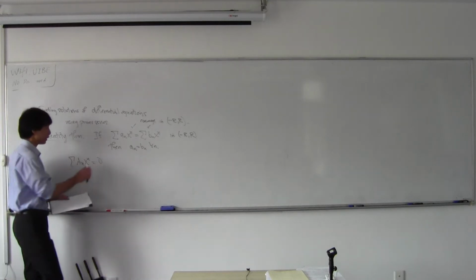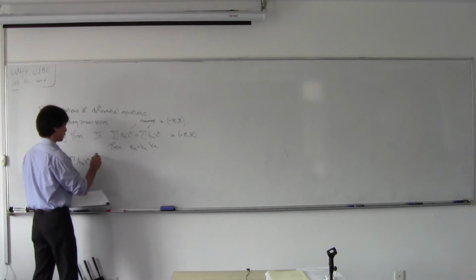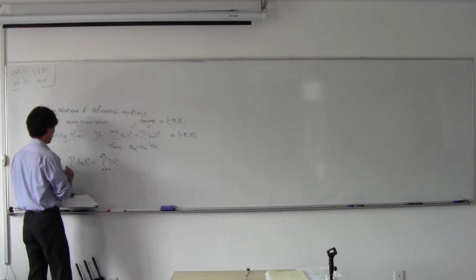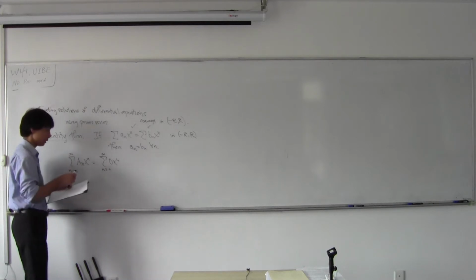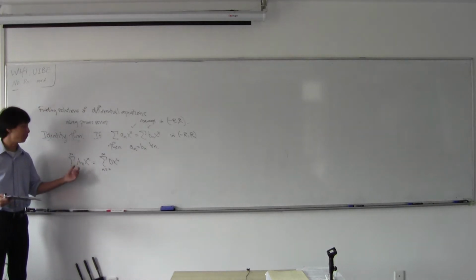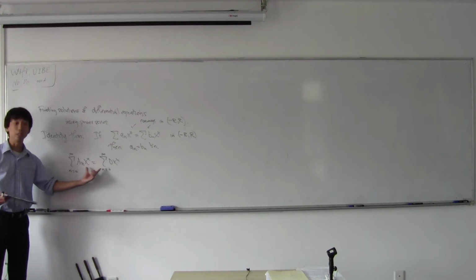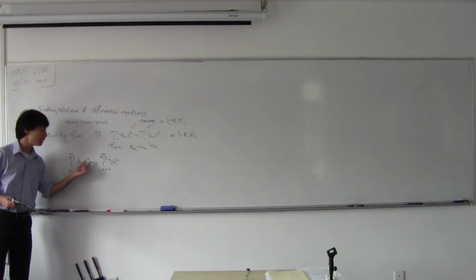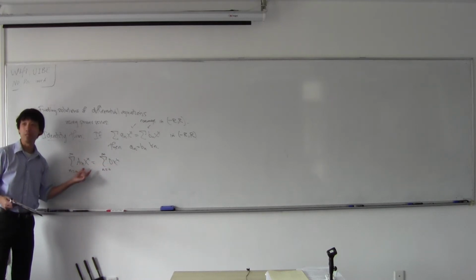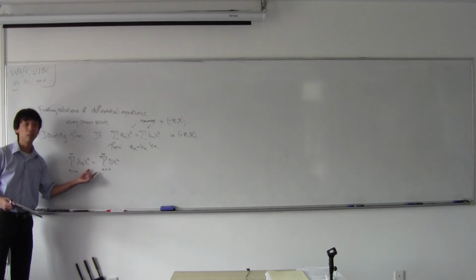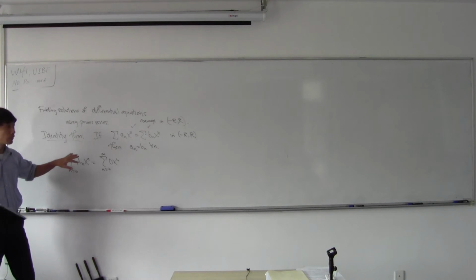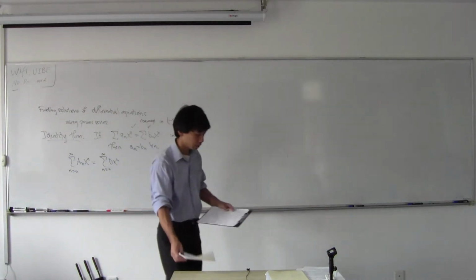The power series on the right is the sum of 0 x to the n from n equals 0 to infinity. The power series on the left is the sum of a sub n x to the n from 0 to infinity. They're equal to each other, so all the coefficients must be equal: a sub 0 must be 0, a sub 1 must be 0, a sub 2 must be 0, a sub 3 must be 0, etc. So that follows from this identity theorem.